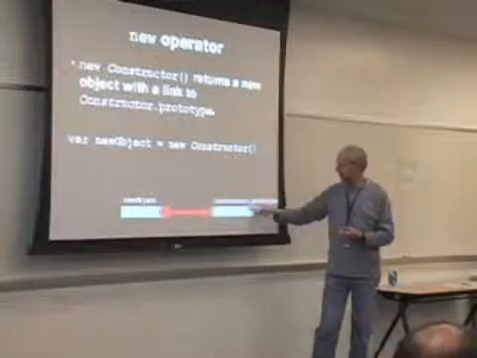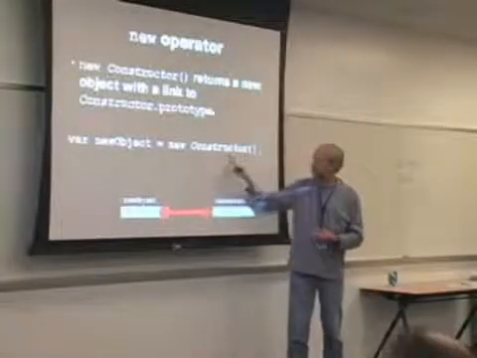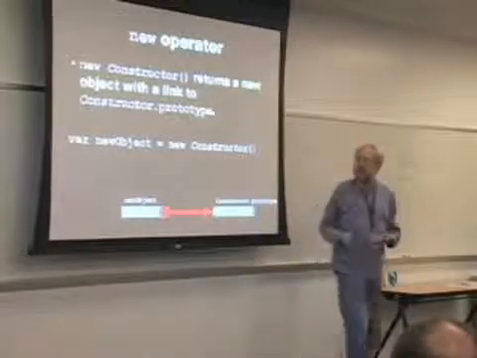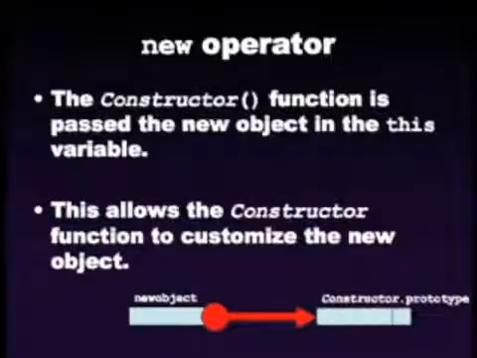So if we start with constructor.prototype and we make a new instance of a constructor, we get a new object with this link. The constructor function is passed the new object in this variable, and this allows a constructor to customize the object before it returns it.